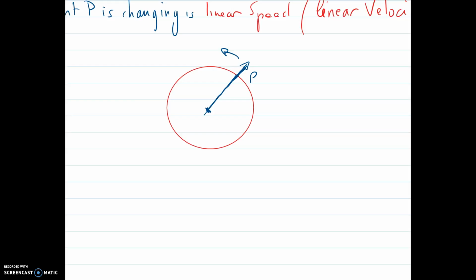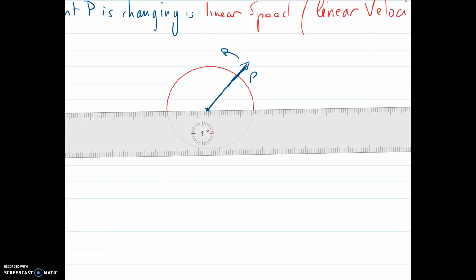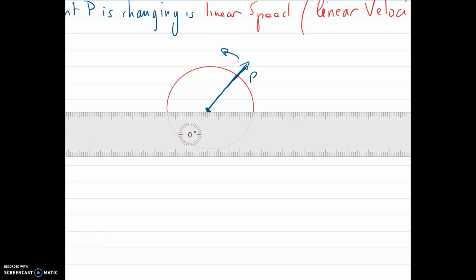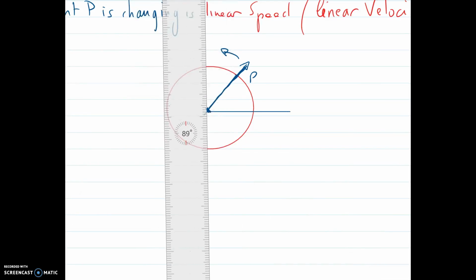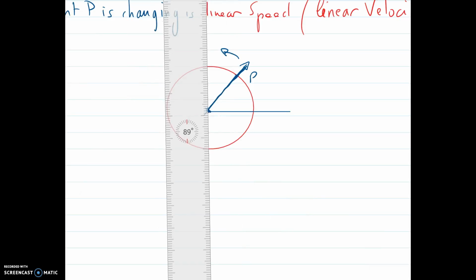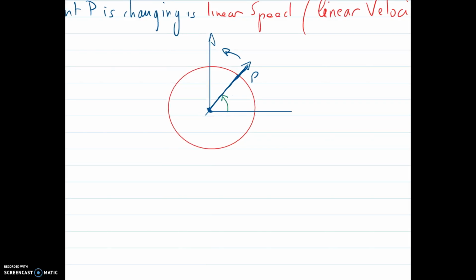Let's define the radius: x-axis, y-axis. I need at least a 90-degree angle, that will be better. I can define the angle theta right here, and right there we have the radius r.